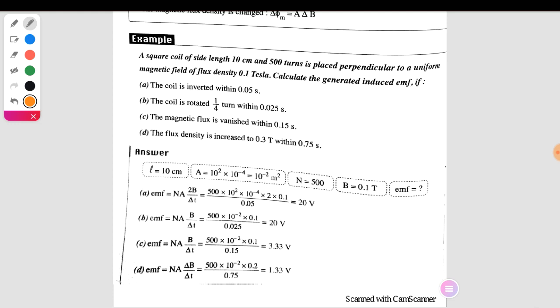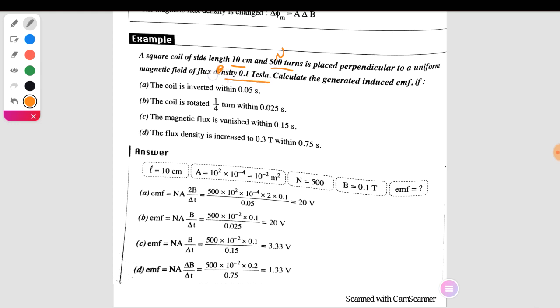Example. A square coil of side length 10 centimeter and 500 turns is placed perpendicular to a magnetic field of flux density 0.1 Tesla.